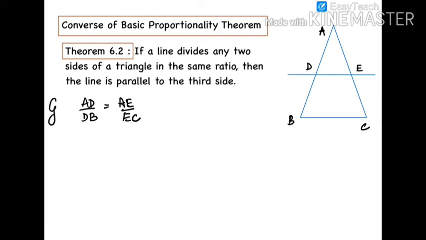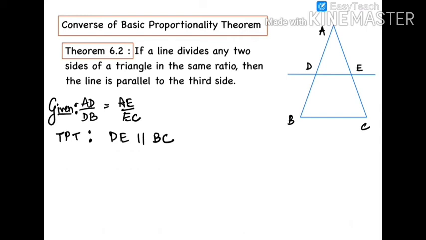So it is given that the two sides AB and AC of this triangle are cut in equal ratio. Now read the second part of the sentence. Then the line is parallel to the third side. This line that we have drawn, we have to show that DE is parallel to BC.